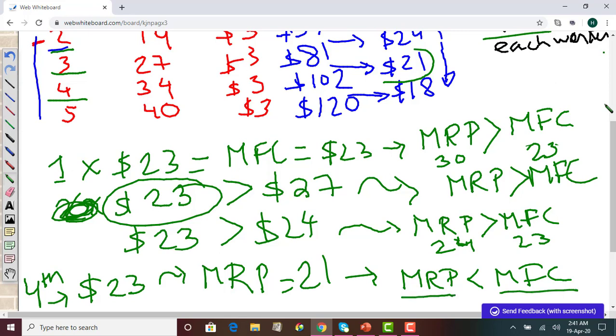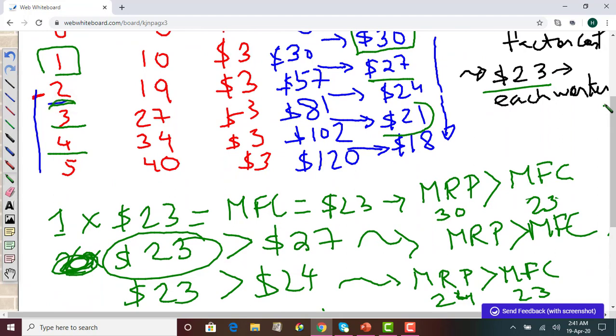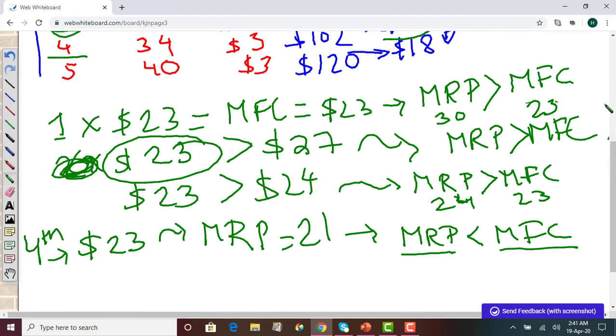So in this scenario, if I ask you how many labor will be employed, you will say 3 workers will be employed, because we will keep on going until MRP is equal to MFC. And we can see in between the third and the 4th labor, somewhere MRP is equal to MFC.